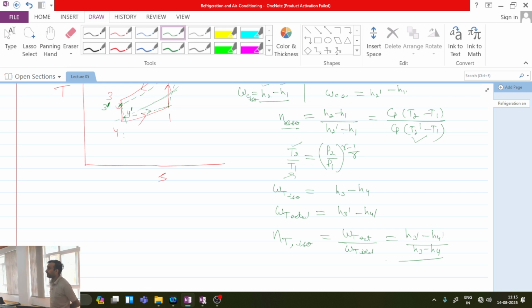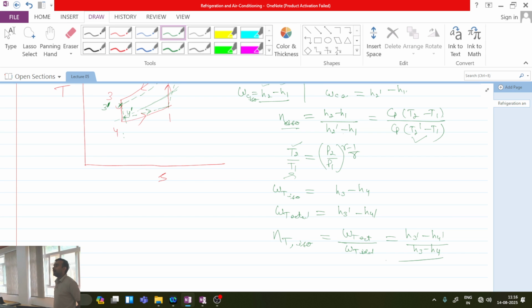It means that during the actual process, work consuming device will be consuming more than the minimum amount of work. So that's why actual work of work consuming device will be greater in comparison to work required for ideal process. So in order to maintain the value of efficiency less than 1, the ratio will be ideal work required divided by actual work supplied.